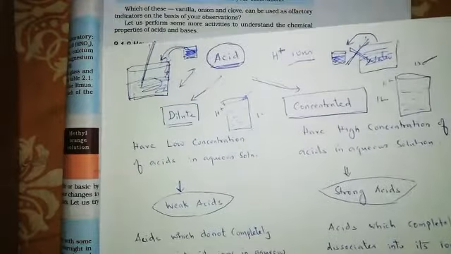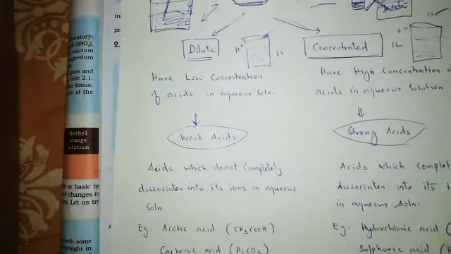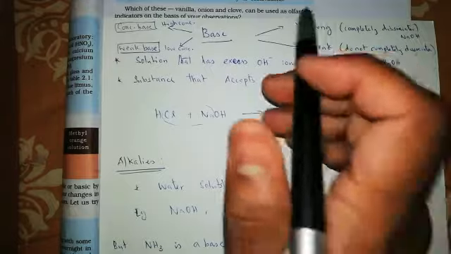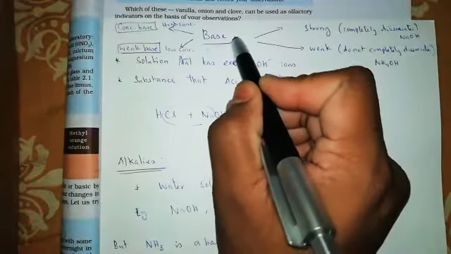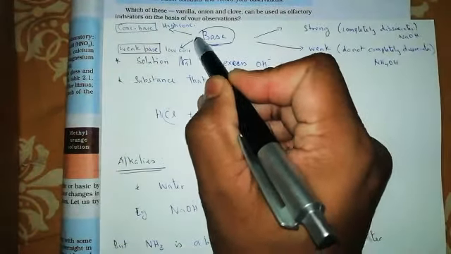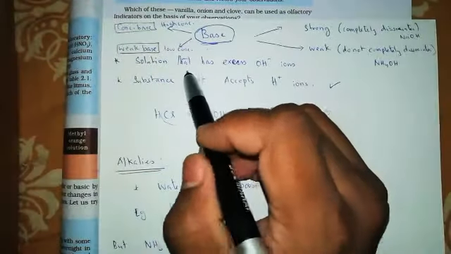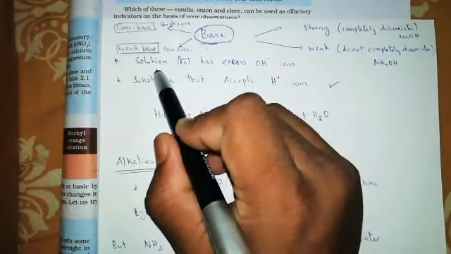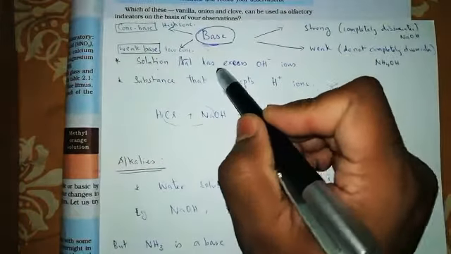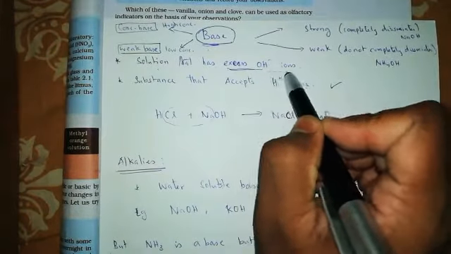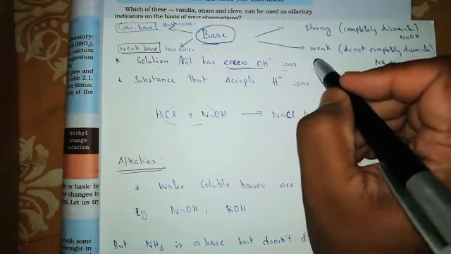Okay, let's move on to what are bases. Let's see about base. In bases also we can classify them. If I want to define base itself, they have a definition. That means a solution that has an excess amount of OH negative ions is said to be a base.